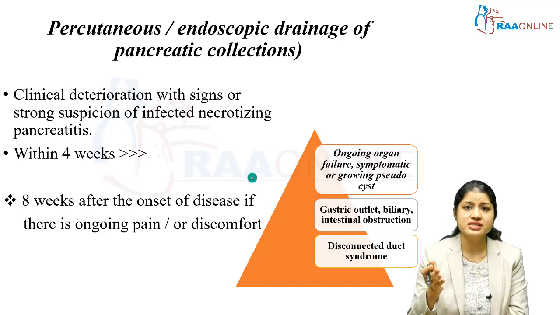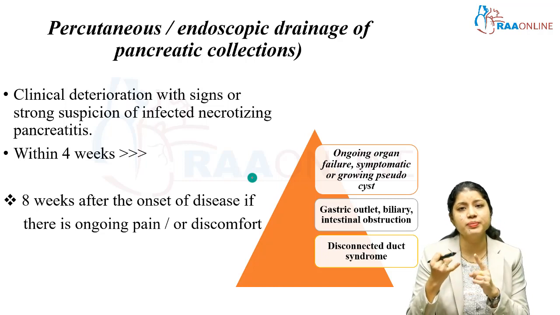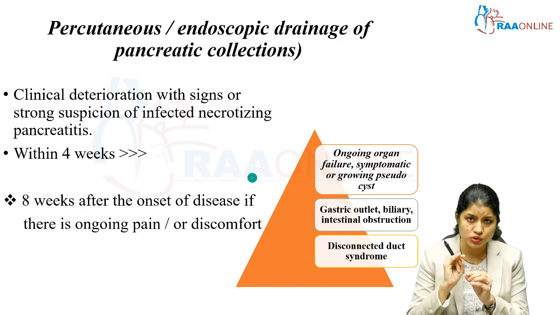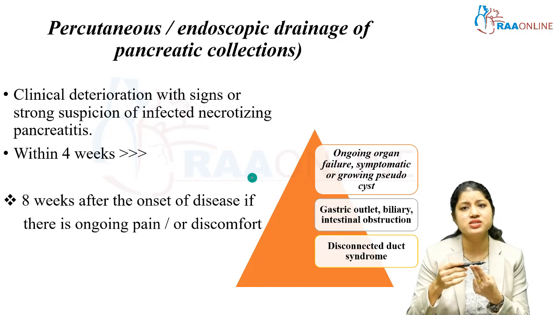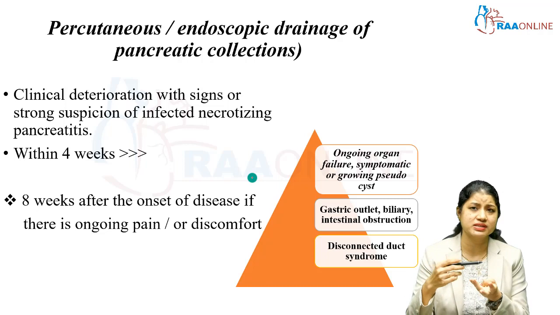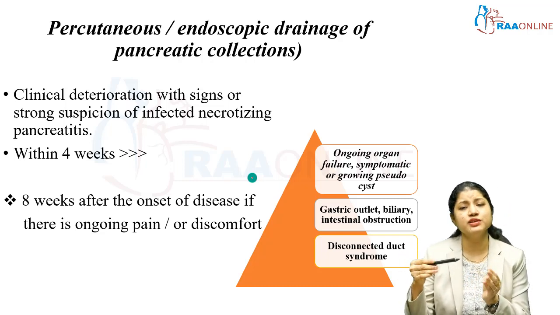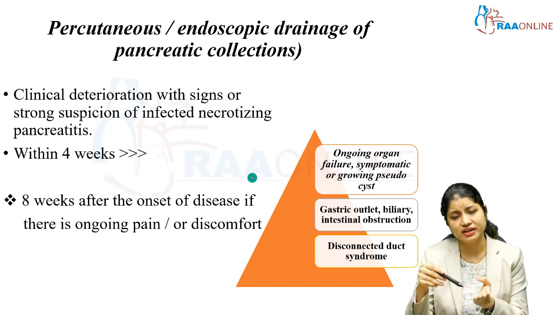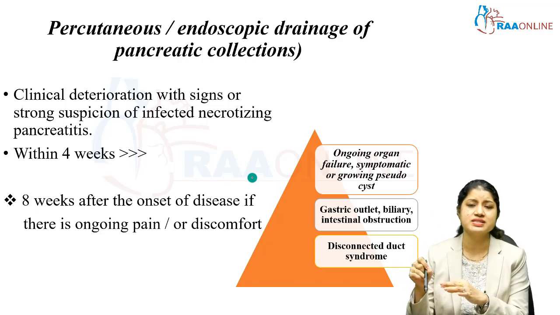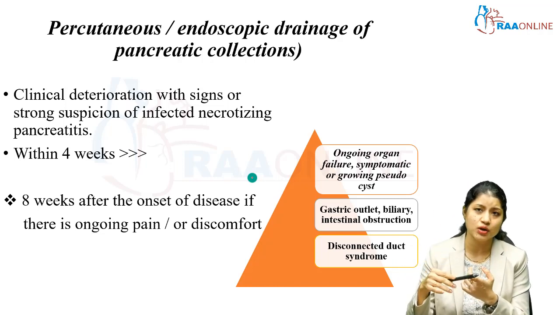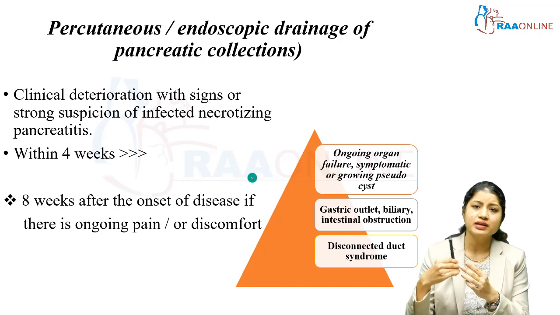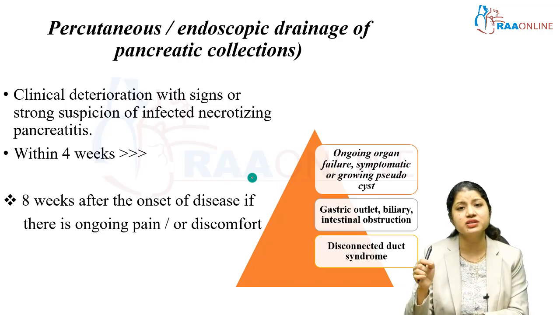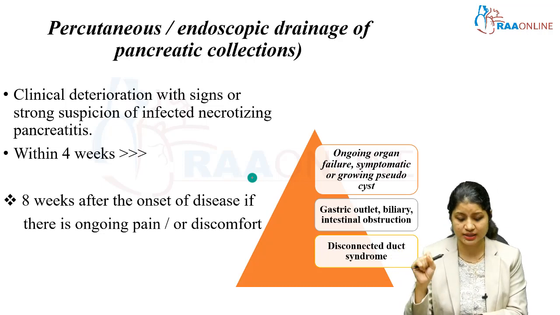So, these procedures can be done within 4 weeks, wherein you can percutaneously or endoscopically approach the pancreas and try to drain the abscess or the pseudocyst, relieve the obstruction, or open the duct which is disconnected. Other than that, if the onset of pancreatitis has happened and it is beyond 8 weeks and still the patient is having ongoing pain, discomfort with some amount of persisting organ failure, definitely an intervention in the form of percutaneous endoscopic drainage can be done.